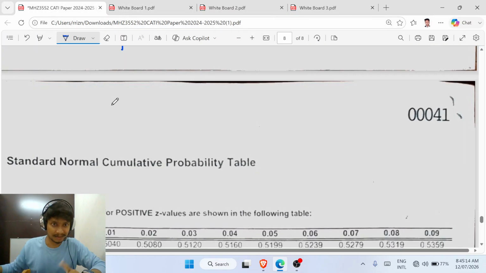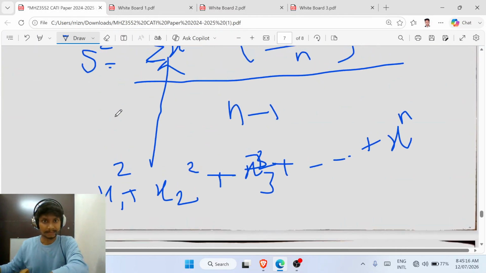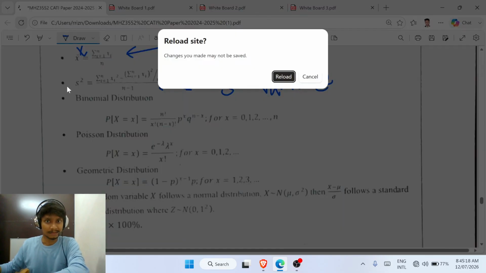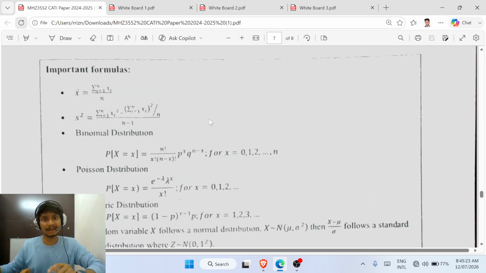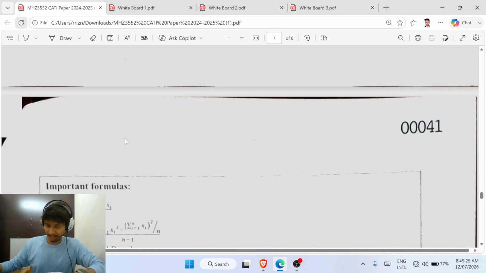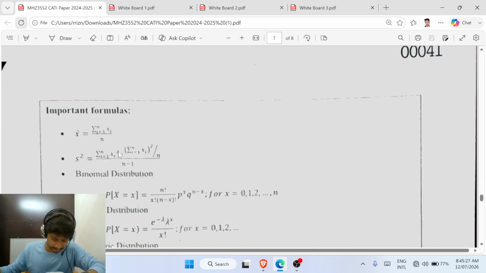Don't confuse. If I mention everything here, it will take too much time. We have to quickly revise everything before the exam, because tomorrow we have the exam.